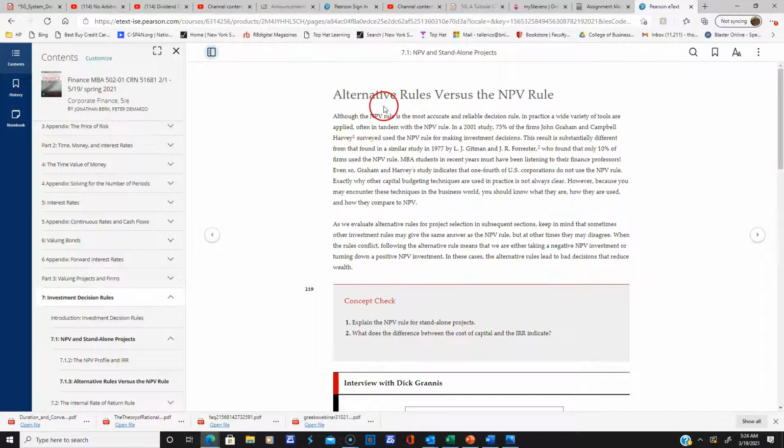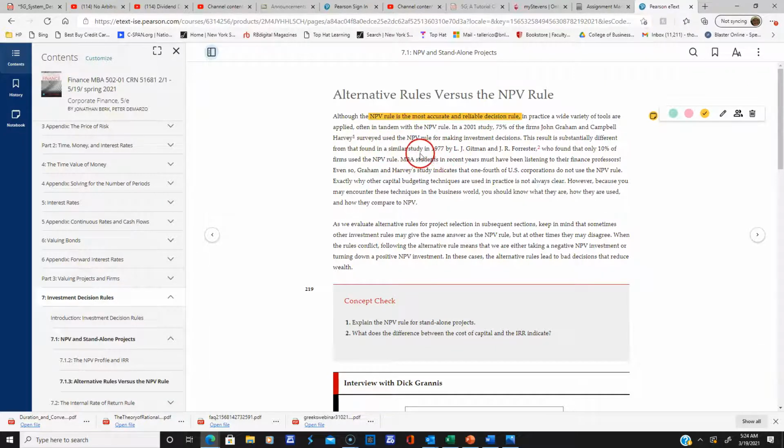Okay, so although the net present value rule is the most accurate and reliable, which it is, right? Most people use the net present value rule. Other people will use a wide variety of tools that are applied often in tandem. And there were surveys done about who used what, who used internal rate of return, and who used net present value, and who used payback decisions.